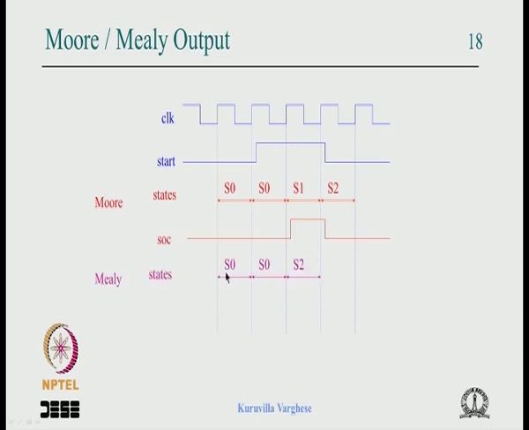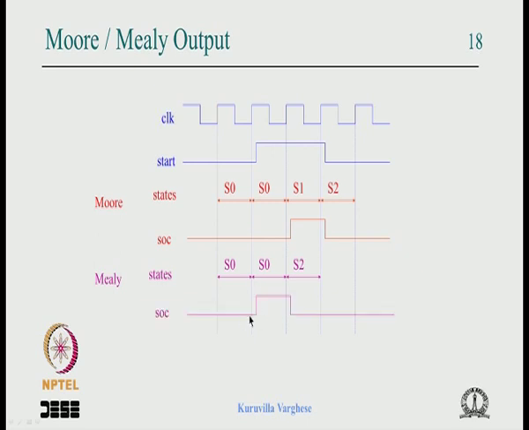So here in the Mealy case the first one is S0, the second one is S0, the third one is S2. But now look at the output: the state is S0 and start is 1. So basically it is a decode of that, you AND both together. Since start is going high, the output will come with a delay because of the decoding delay.